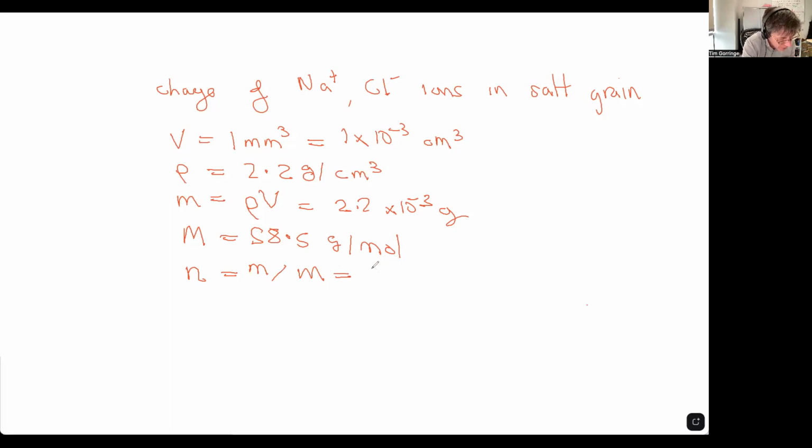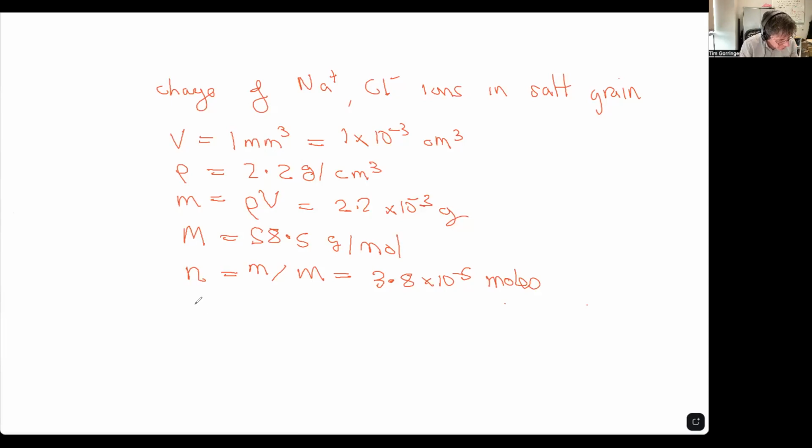I've already done this calculation, so it's 2.2 times 10 to the minus 3 grams divided by 58.5 grams per mole. And this number came out to be 3.8 times 10 to the minus 5, and the units are moles.